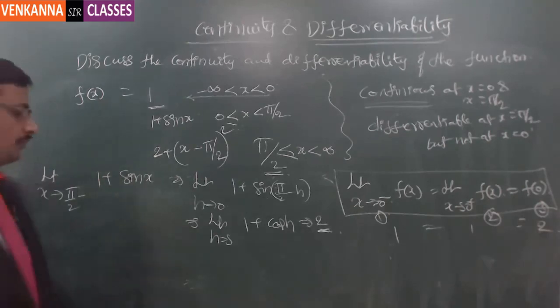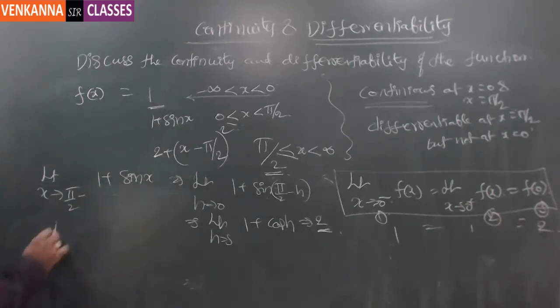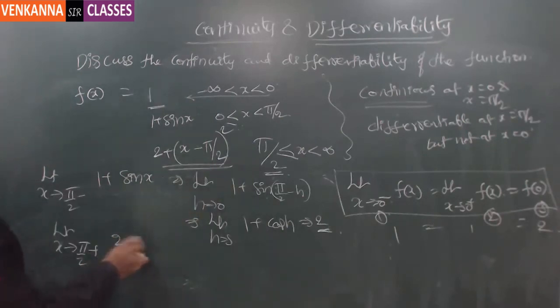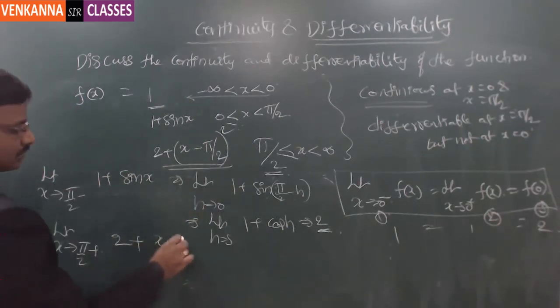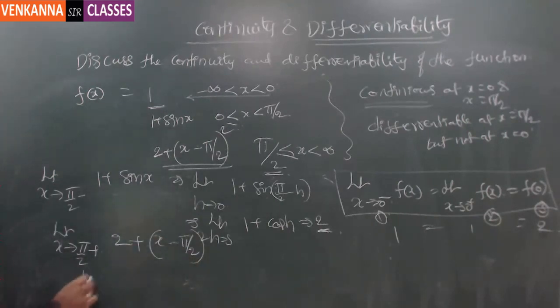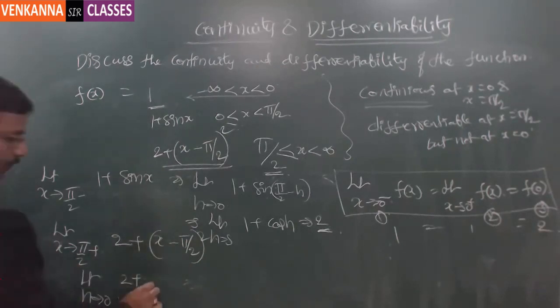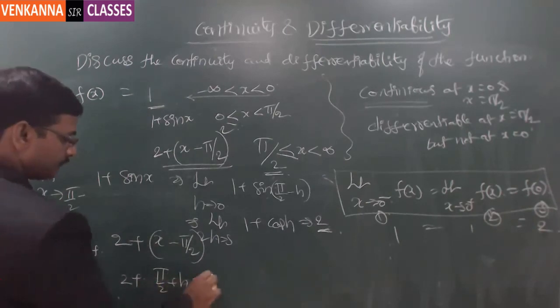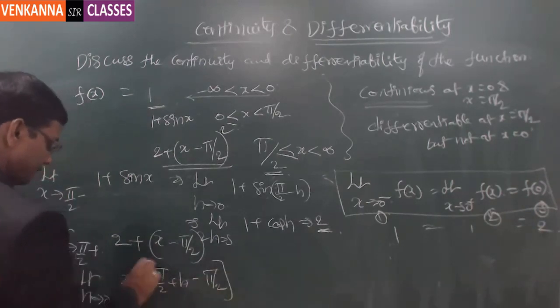Here, limit x tends to pi by 2 plus. So pi by 2 plus is this function, 2 plus (x minus pi by 2) whole square. So this is limit h tends to 0, and x can be replaced with pi by 2 plus h, minus pi by 2 whole square.